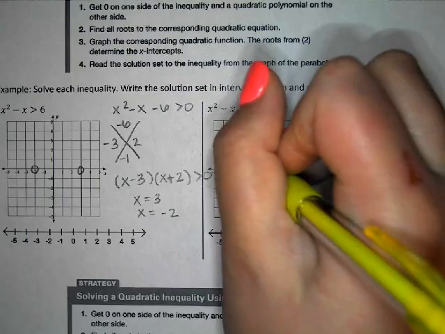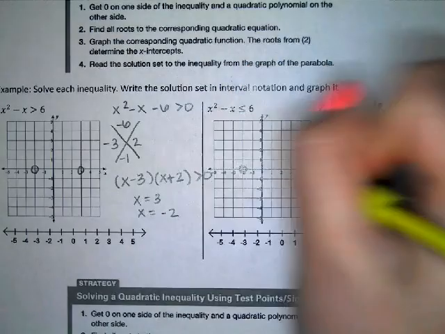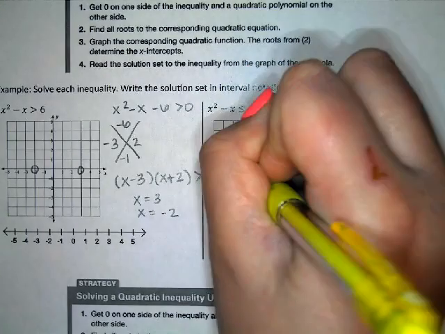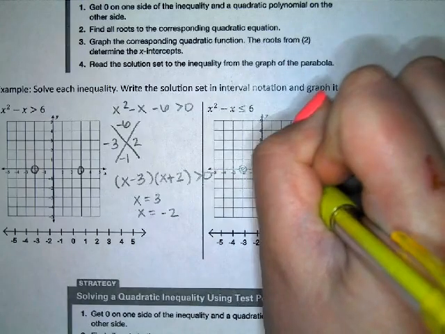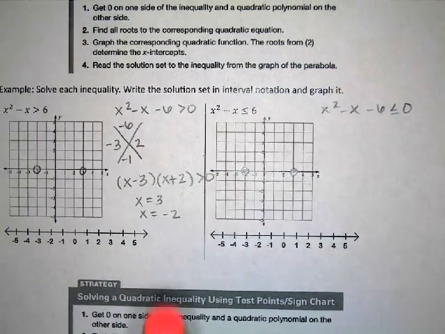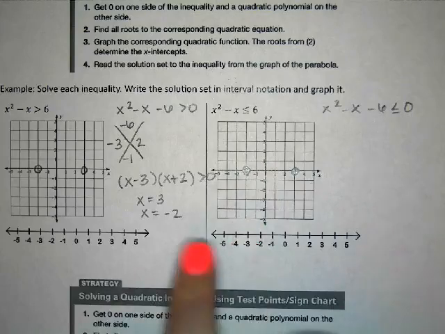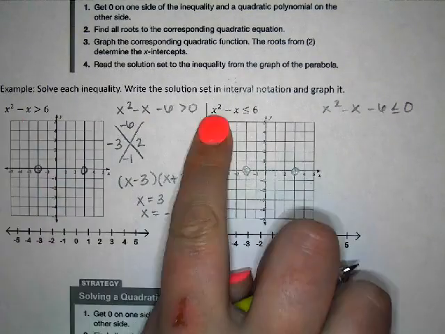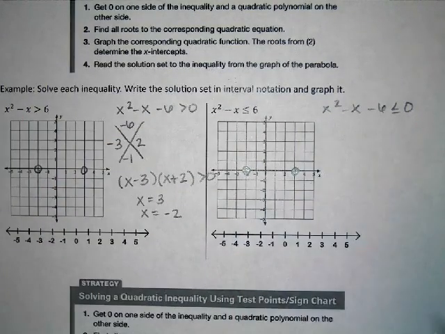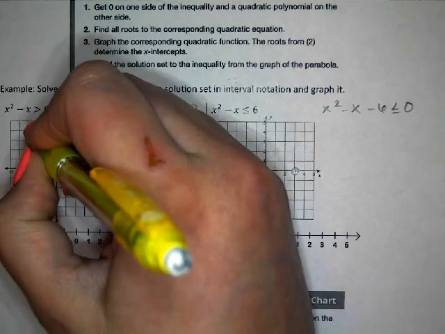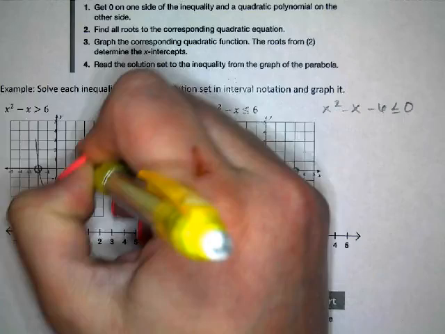Then, because this is a positive x squared, this quadratic should be a U shape that opens up. So I'm just going to draw a U shape that opens up. I'm not worried about the rest of my graph being accurate because I just need this picture.